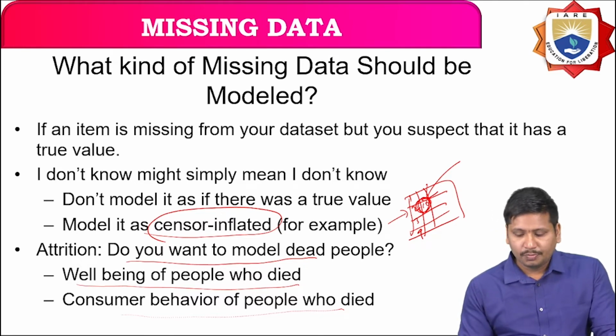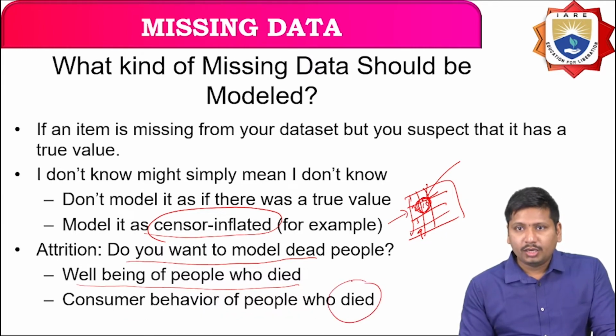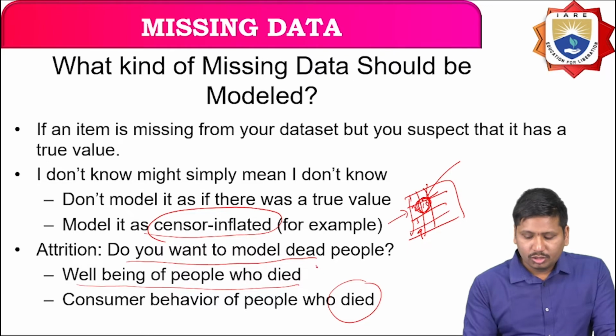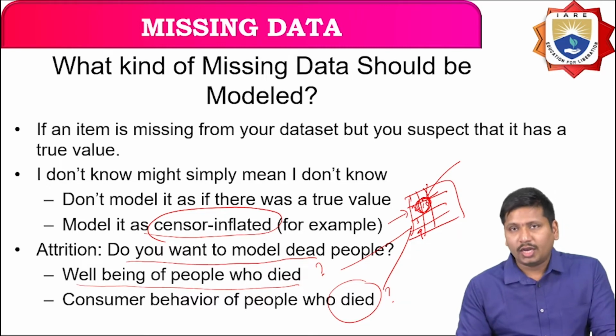That is one type of gathering data, and the consumer behavior of the people who died is another model. Like this I can gather the information. This is one type of case, and this is another type. So whatever information we are gathering, I have to identify whether it is a true value or not.